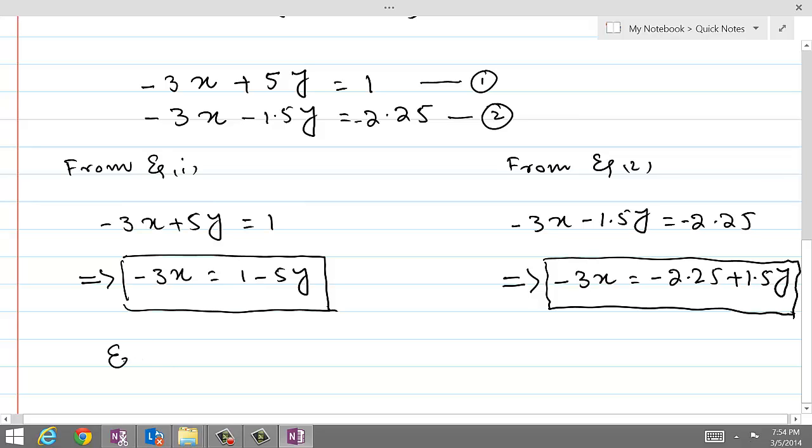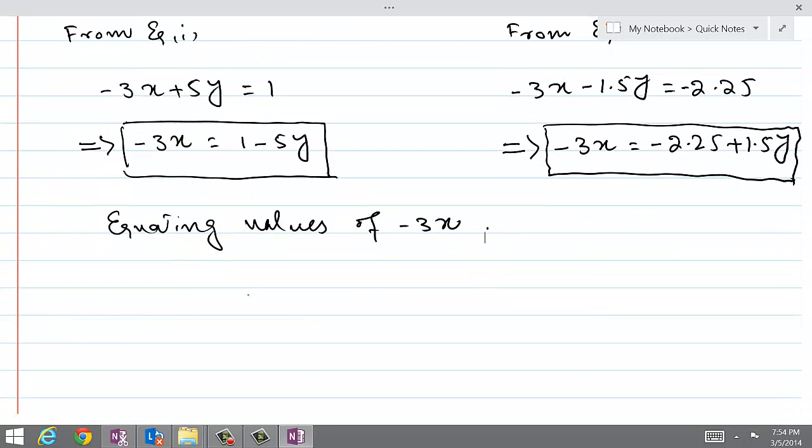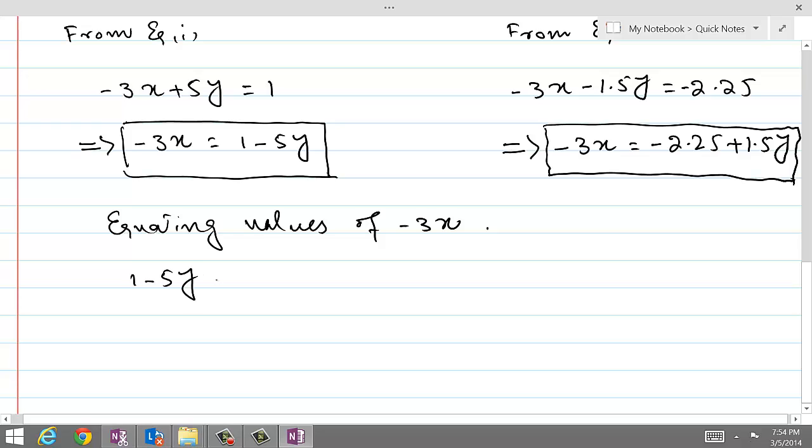Equating the values of minus 3x gives us 1 minus 5y equal to minus 2.25 plus 1.5y.